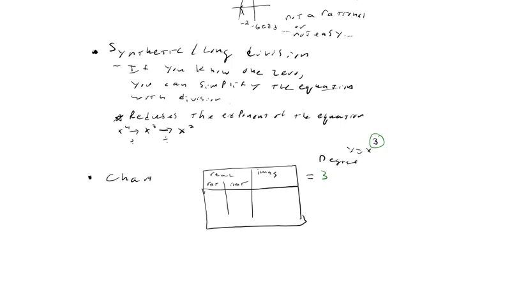So I can have 1, 2, and none. Or I can have 3, 0, 0. Or I can have 1, 0, and 2 here. We talked about these different combinations you can have of these zeros.